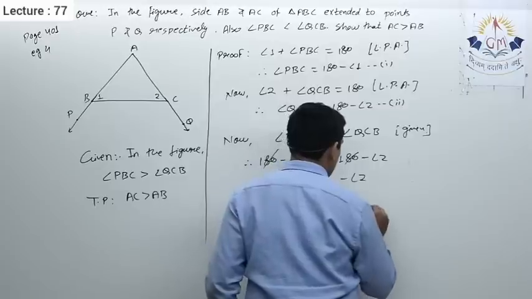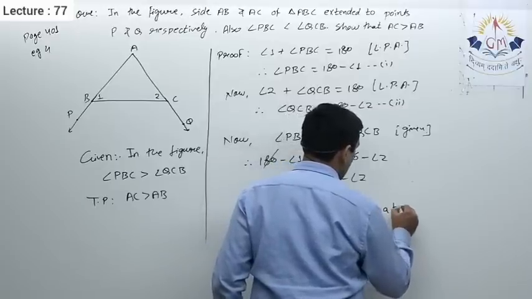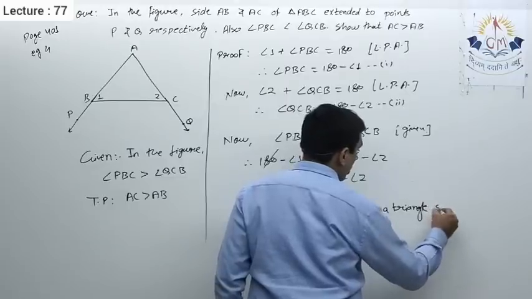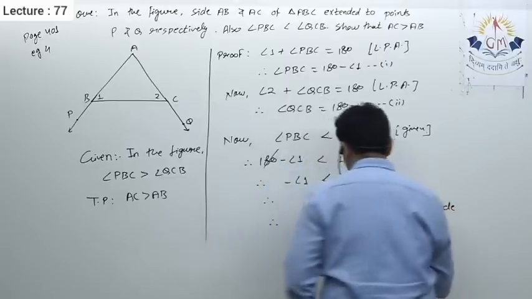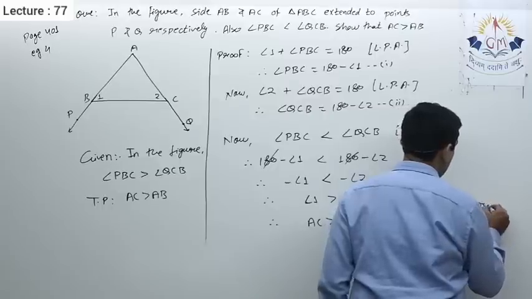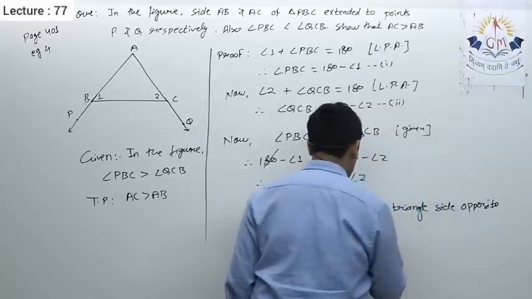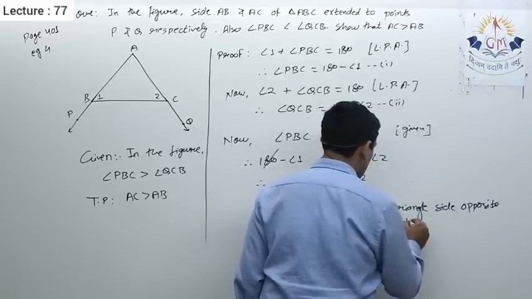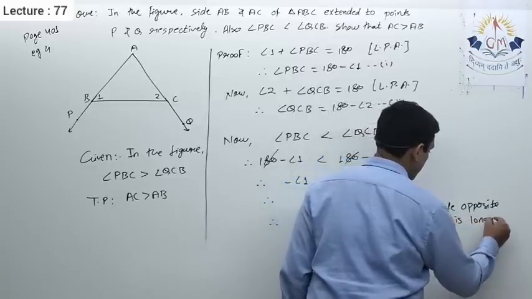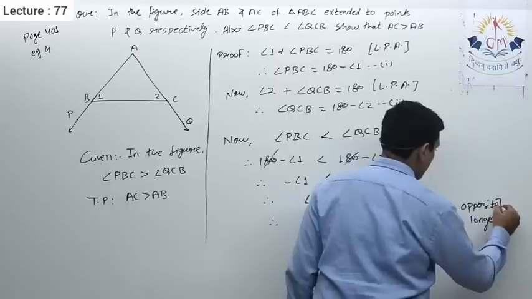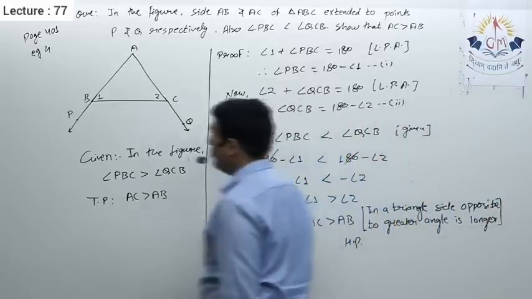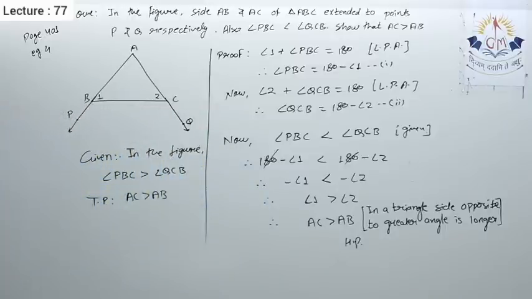Here you have to write that in a triangle, the side opposite to the greater angle is longer. In a triangle, the side opposite to the greater angle is longer, hence proved. So please note it down, then we'll see the next question.